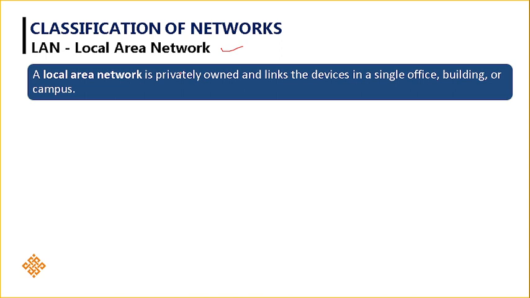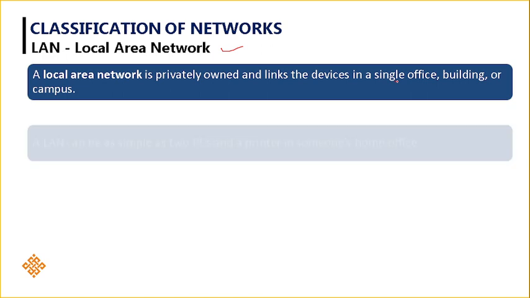A local area network is privately owned and links the devices in a single office, building, or a campus. It is something like a small network which is built for personal use, maybe the connection between a printer and a system. It may be a single office where there are 3 to 4 systems connected together with a single printer or anything else.